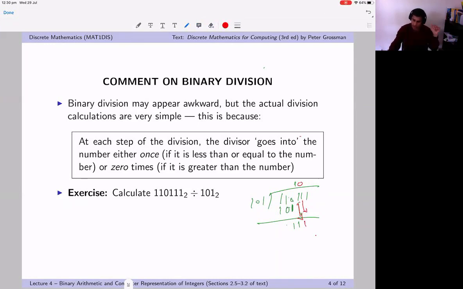So now I can divide, and as I said, this divisor can only go into it 0 times or 1 times. So 1 times that number 101, what I'm going to get then, the difference is 0, 1, and then I'll bring this one down here to get 101, and 101 in 101 goes once only, and this is 0, so the answer would be 1011 to the base 2, right? So this is how this entire division process works.